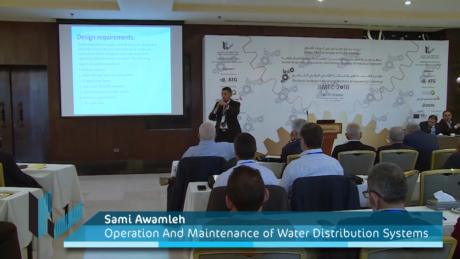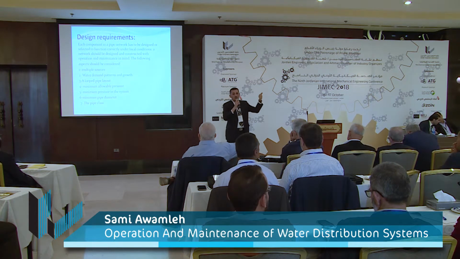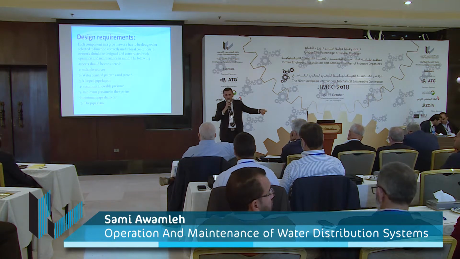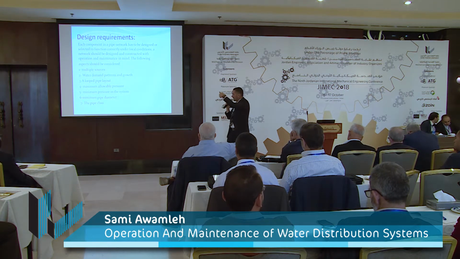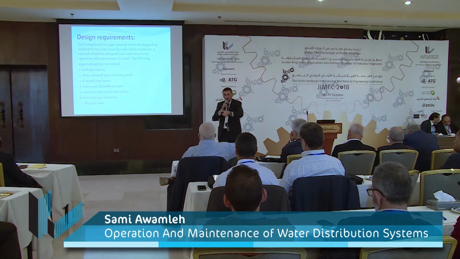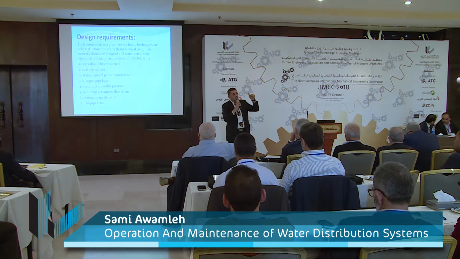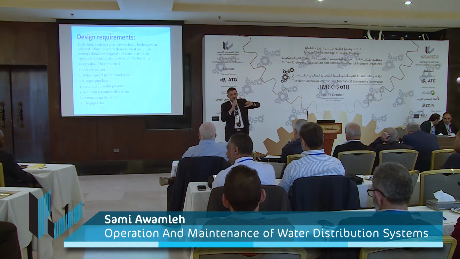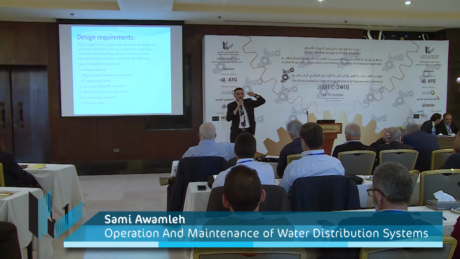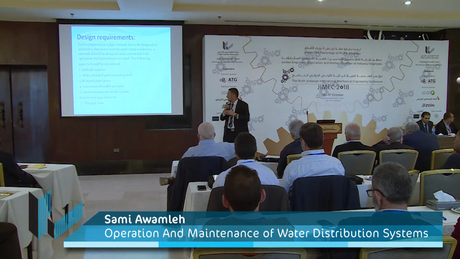Maximum allowable pressure: we should consider the highest point in the system, or the highest point in the zone, and design our network as per the highest point to deliver the service to the highest point in the zone.